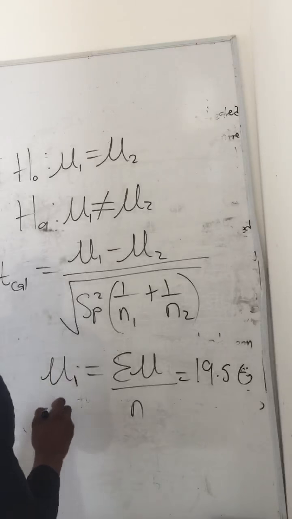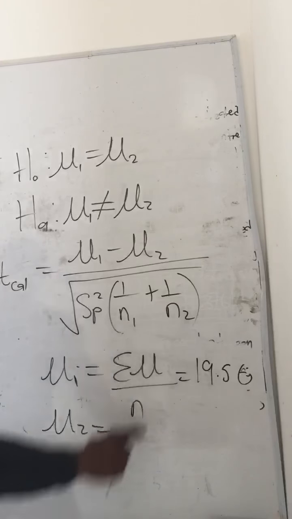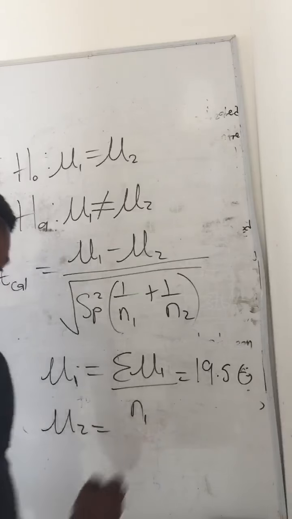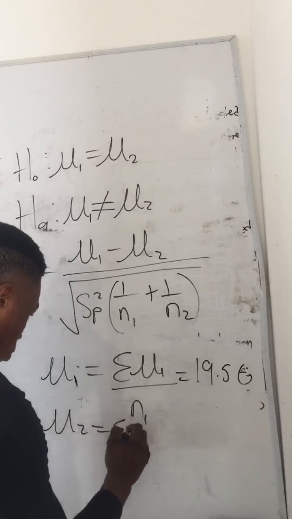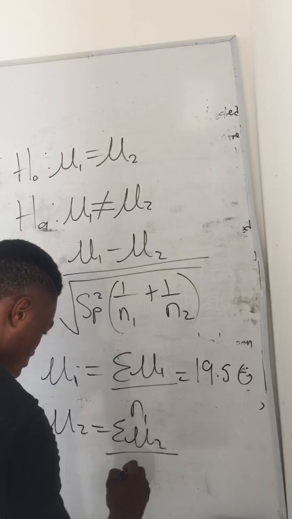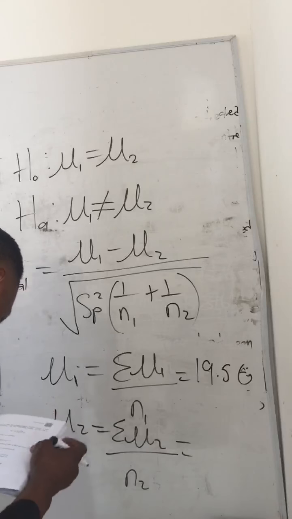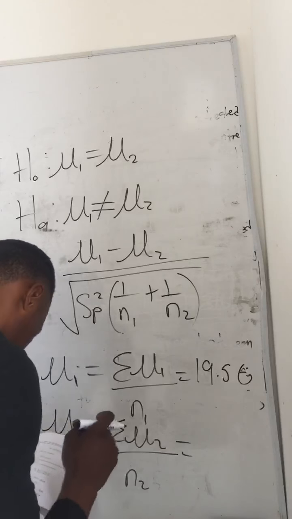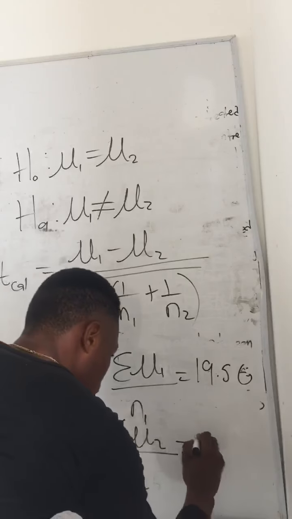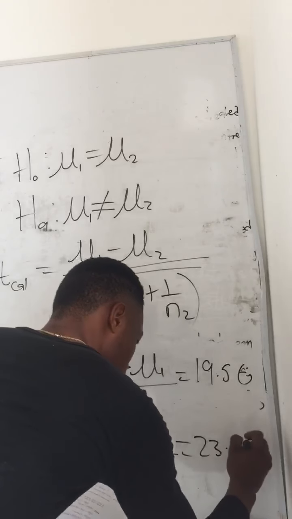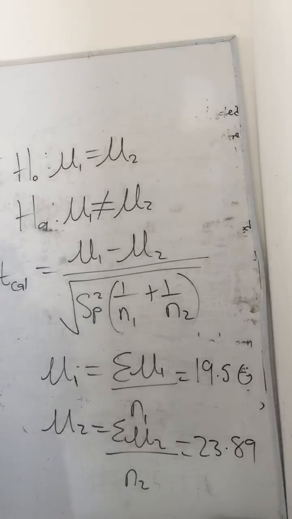And if you find the mu2 using the same formula, the summation of mu2 over n2, you obtain 23.89.